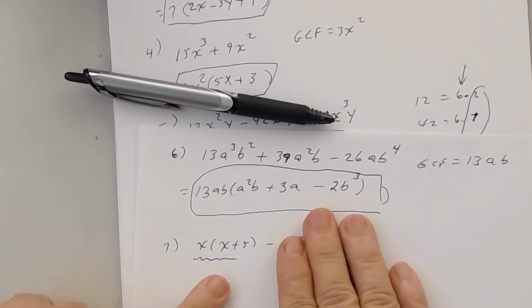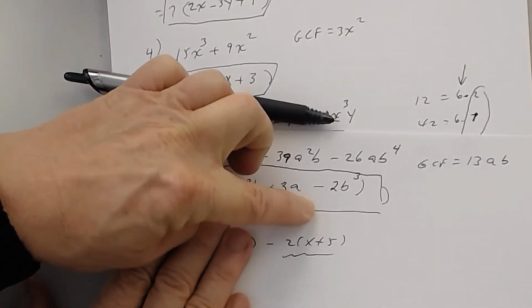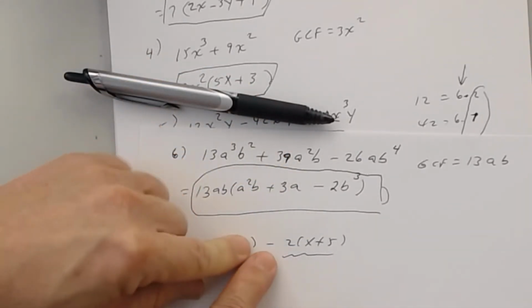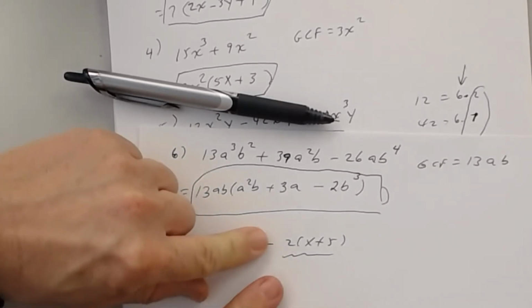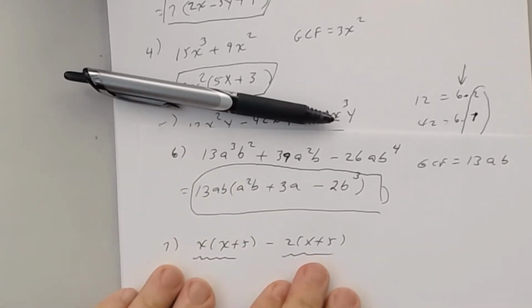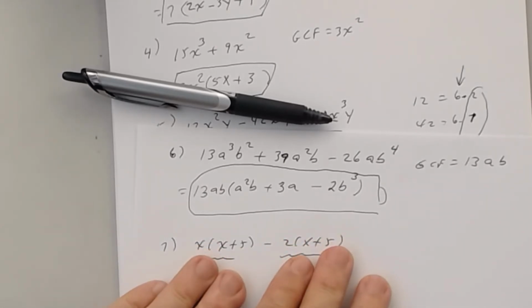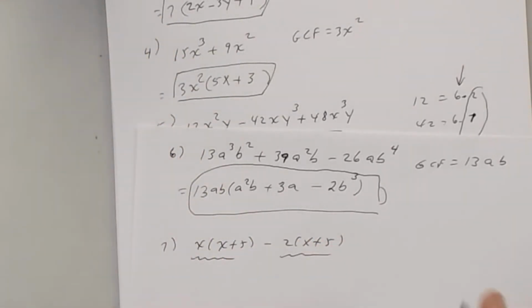What's the other? x plus 5. When I look at this term, how many factors do you see? 2. Now, this is really a negative, but minus 2. If I covered it up, you see a 2, and the other factor is x plus 5. Together, notice those 2 terms have something in common. What do they have in common? x plus 5. So my GCF is x plus 5.